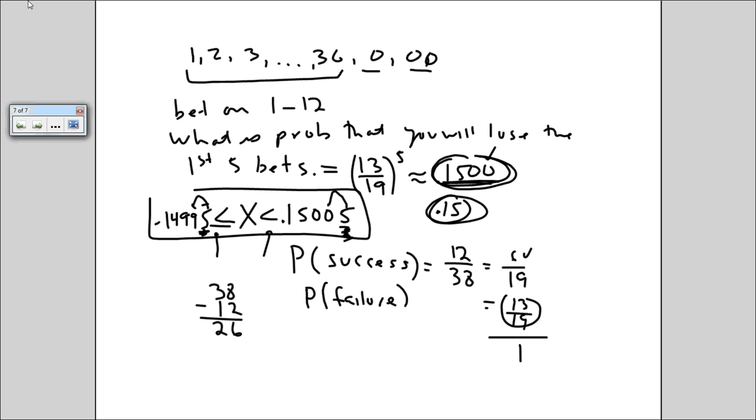Now, 0.15, we'll call it y. That's going to be between 0.145 inclusive and 0.155 not including it. So it's a big difference between those two numbers. The top one is more exact.